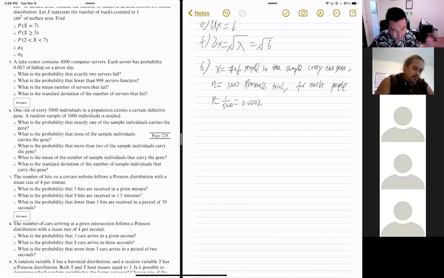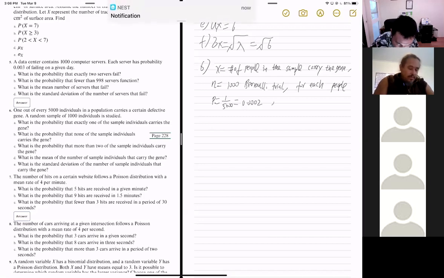So this is a Bernoulli trial, N is equal to 1,000, P is equal to 0.0002. And because N is very large and P is very, very small, N times P is equal to 1,000 times 0.0002, so that is 0.2.